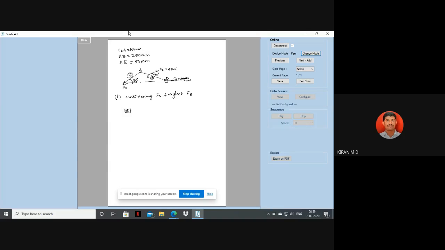Here this is the force acting, FB. Again, we are going to get the normal force, F14. Then from the connecting rod direction, we get the force from link 3 on link 4, that is F34.